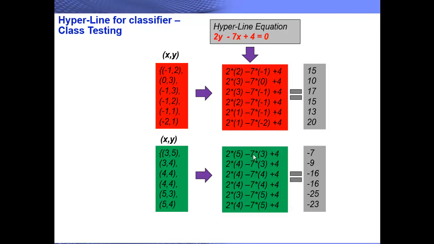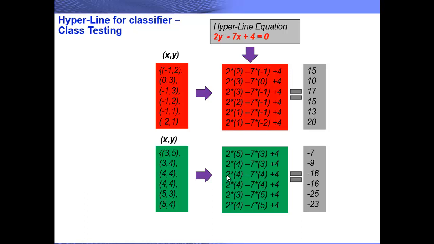Let's do the same thing for the green class points also. So put 3 and 5 here: 7 with the 3 and 2 with the 5. 2 into 5 is 10, minus 21 is -11, and -11 plus 4 is -7. 2 into 4 is 8, 8 plus 4 is 12, and this is 21, so 12 minus 21 is -9.